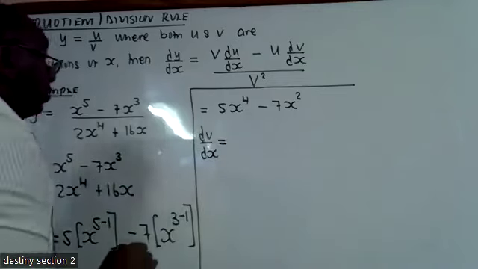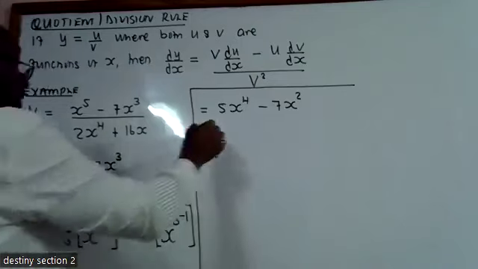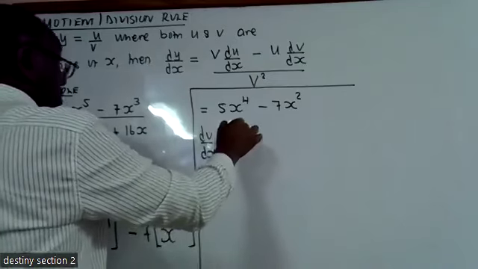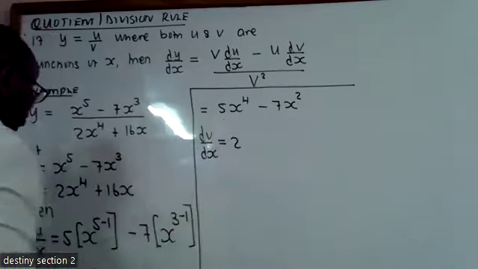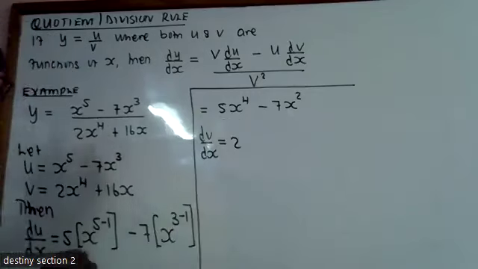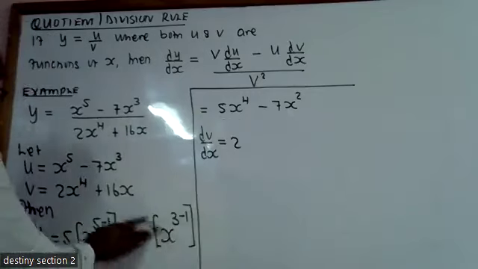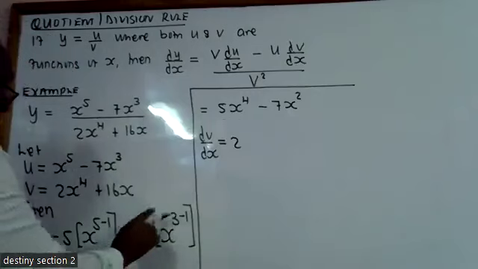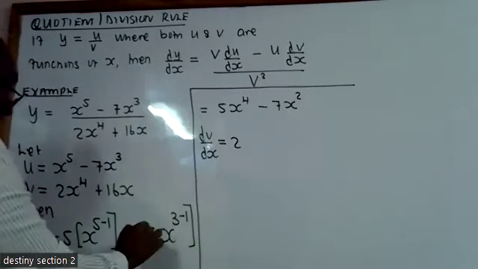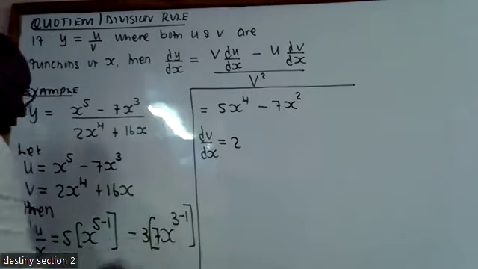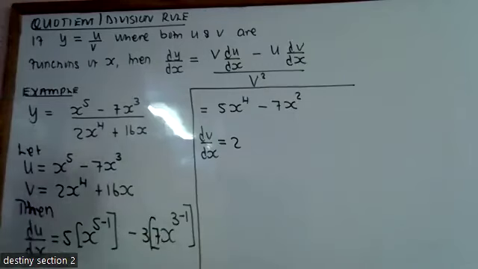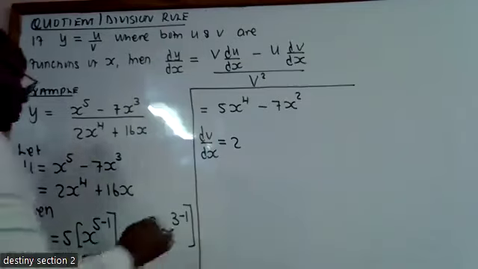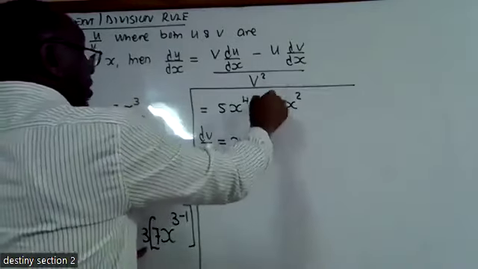Sorry, I've made a mistake here. This is supposed to be 3. Rectify, it is supposed to be 3 and 7 here. I omitted that. This is 3. So the answer, I should get 21 here.